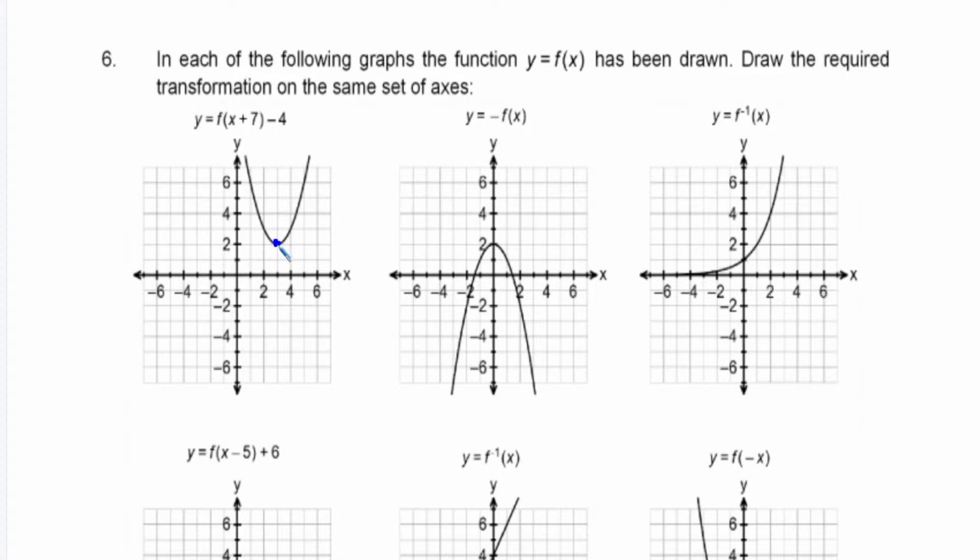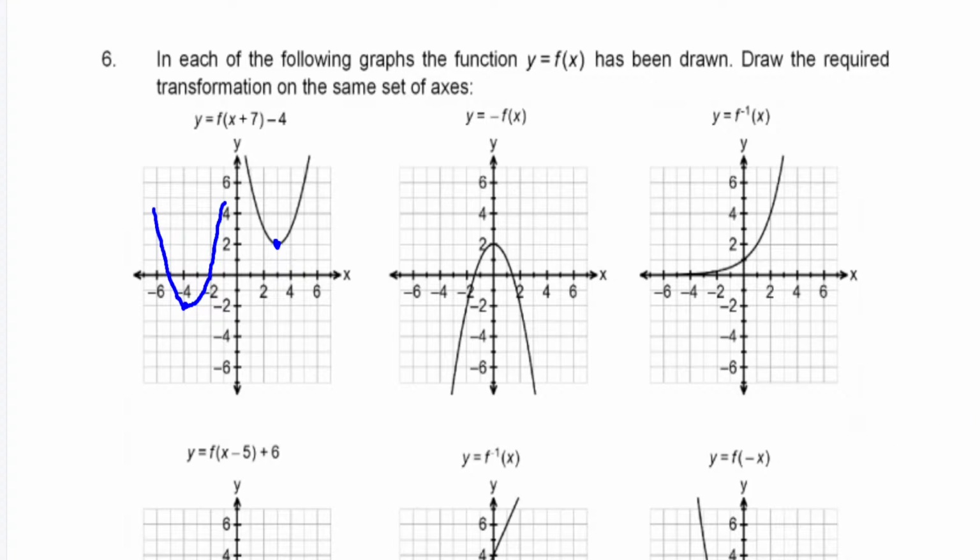The point that I'm really going to focus on is this one over here. It's at 3, so it's going to go to minus 4 if I move it 7 left. It's at 2, and if I move it 4 down, it's going to go to there. So my graph's going to turn somewhere there. It's actually going to be exactly the same shape. It's just shifted and shifted.